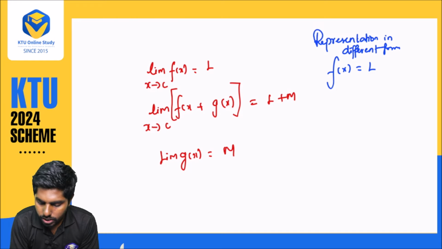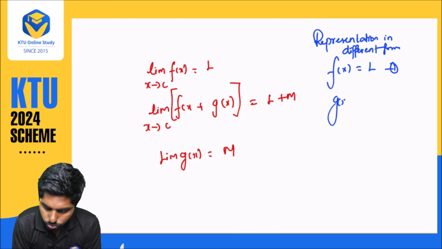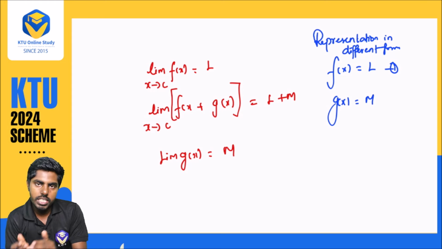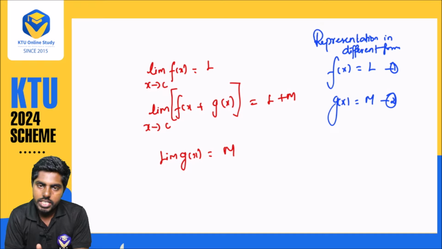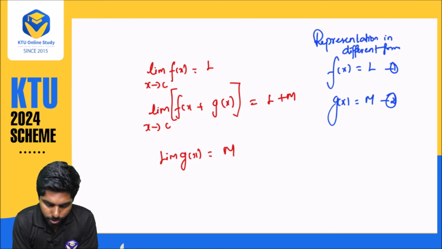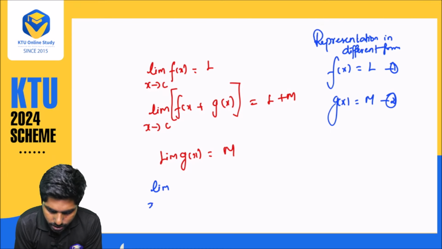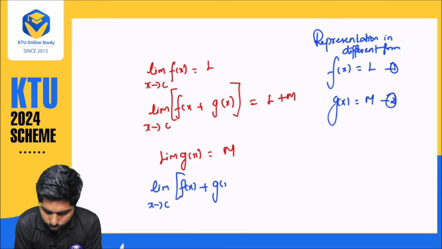Here this is 1 and here this is 2. That is the reason I am representing g of x as a separate value, m. So when it is the sum form, you write the limit as x approaches c of f of x plus g of x is equal to L plus m.